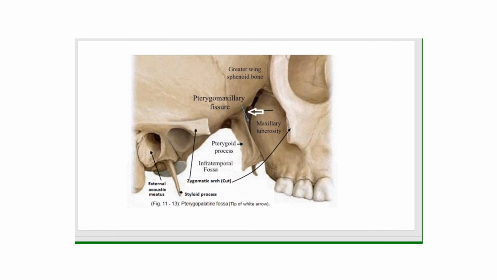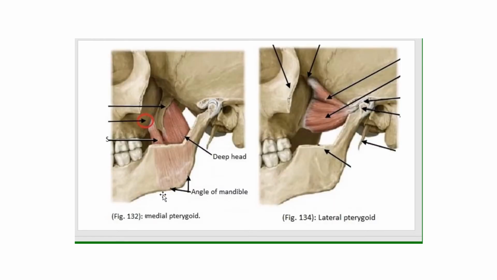What about the action of both lateral and medial pterygoid muscle? The action of these two muscles. The medial pterygoid elevates the mandible, while the lateral pterygoid muscle in its contraction pulls the neck of the mandible forward, so it depresses the mandible.